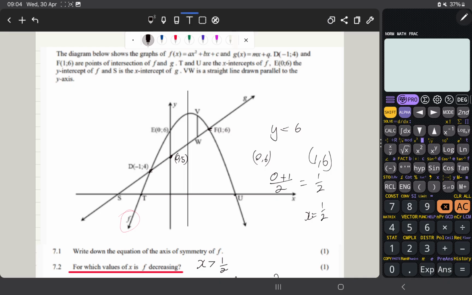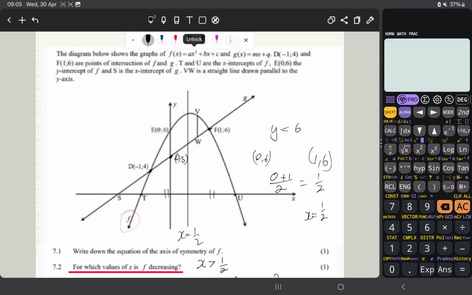This straight line is defined by x is equal to half, right? So whatever distance this is, it's the same distance on this side. So if I can get 1 point, which is u, then I can get t. But that is not the case here. I'm having a hard time getting the value of my x-intercepts.